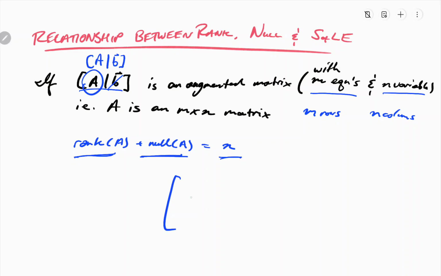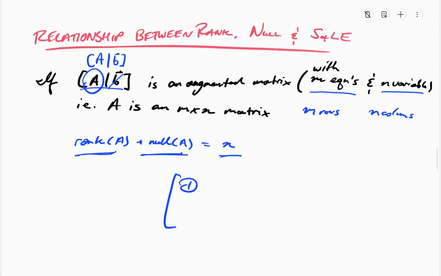Obviously, if a column has a leading one in it, there cannot be no leading ones there because there's already a leading one. What this means is, if we recall our definition for the null of a matrix, the null is the number of free variables.